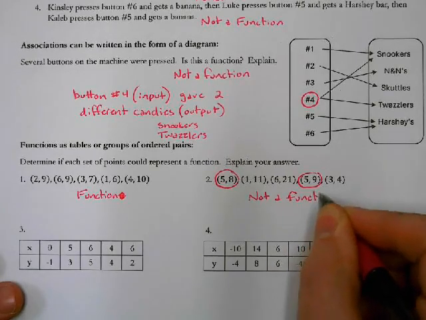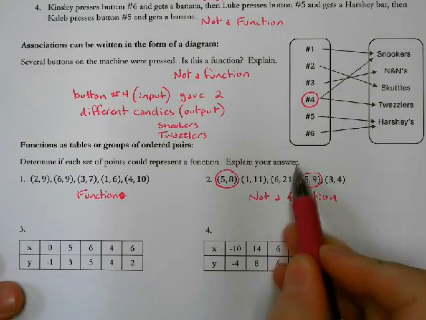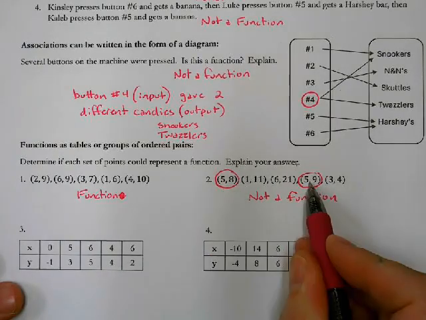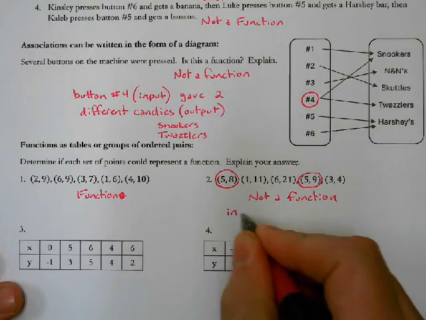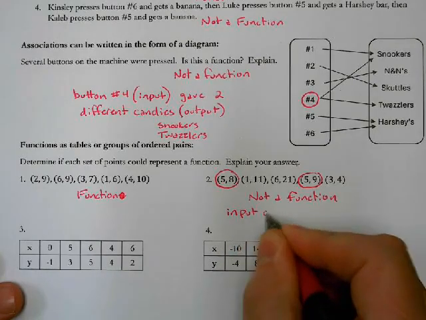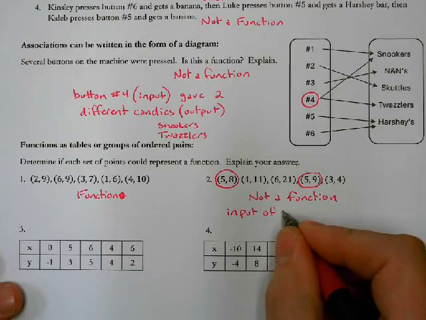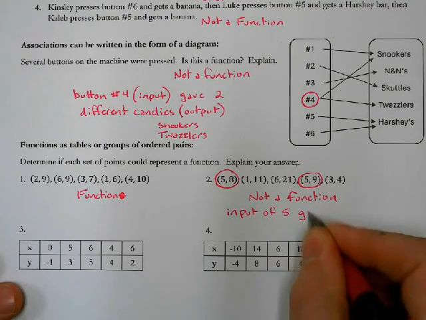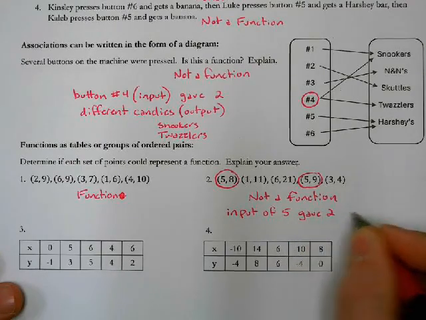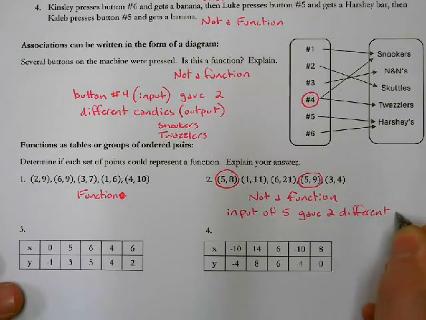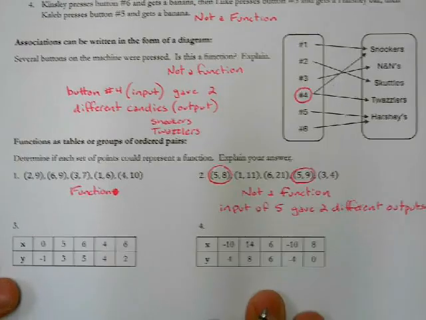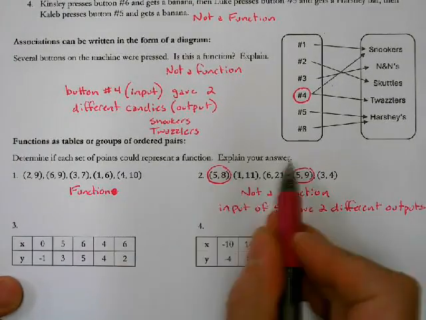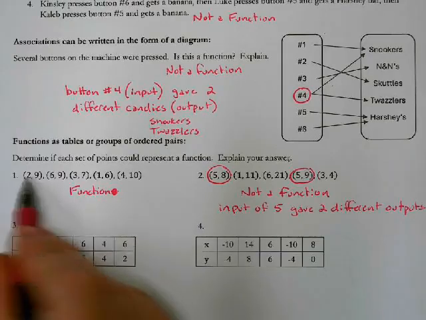So explain your answer. The input of 5 gave me two separate outputs. I forgot to explain the other one. So the reason, explain the answer. For this one, every input only had one output.